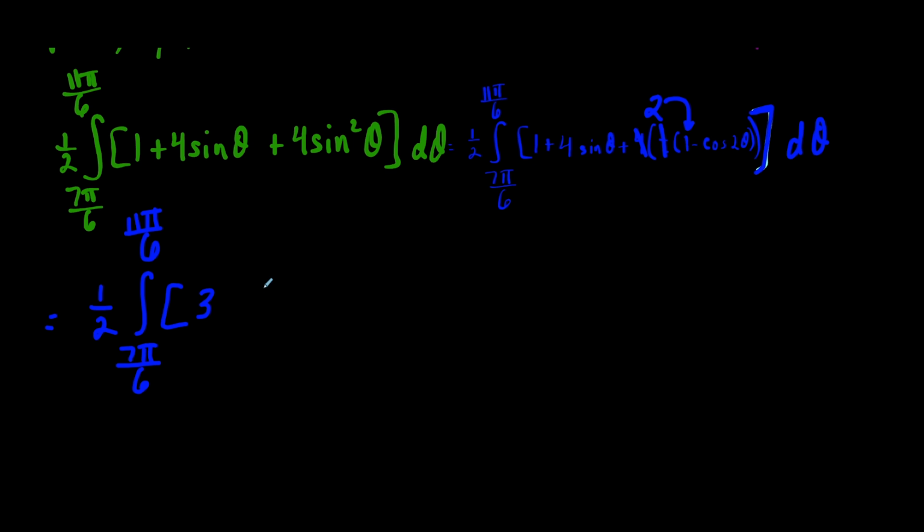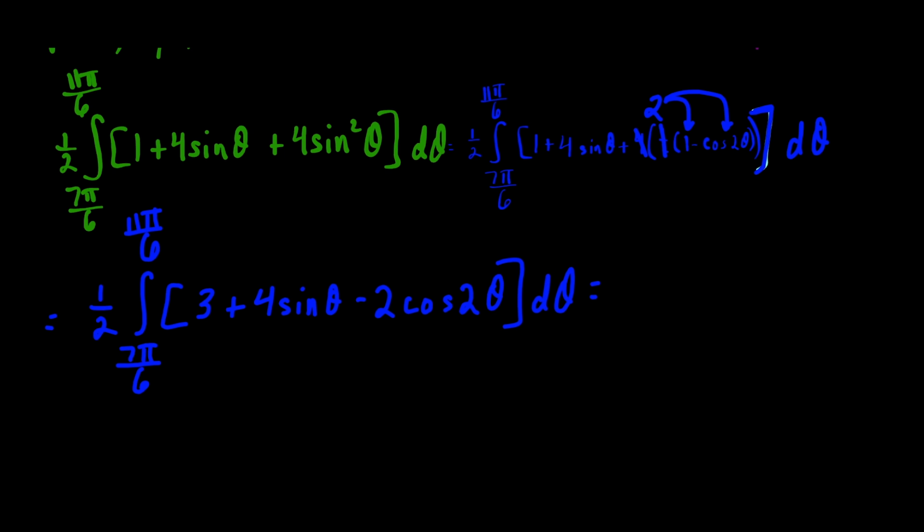This is the only sine theta term, so we have 4 sine theta. Last, we have 2 times negative cosine 2 theta, which is negative 2 cosine 2 theta, d theta.